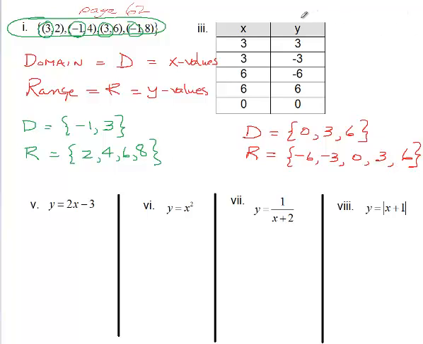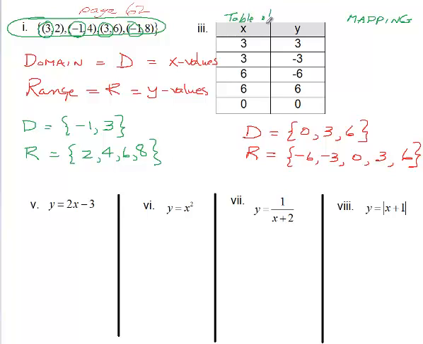It's also easy from a mapping diagram. M-A-P-P-I-N-G, that's mapping. Let me just fix that, it looks like an R. Okay, so mapping, M-A-P-P-I-N-G. Now in a mapping diagram, you're seeing arrows. For example, I'll rewrite the table of values in number 3.